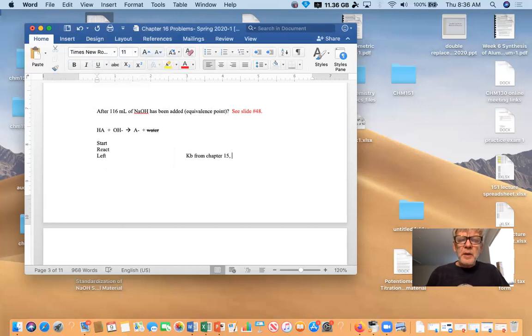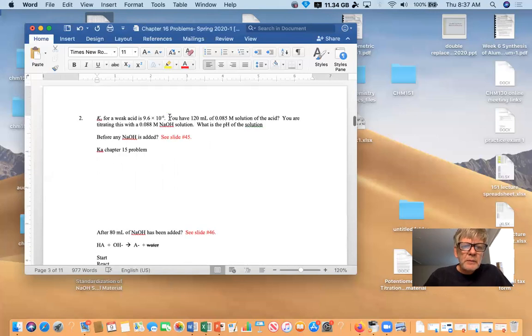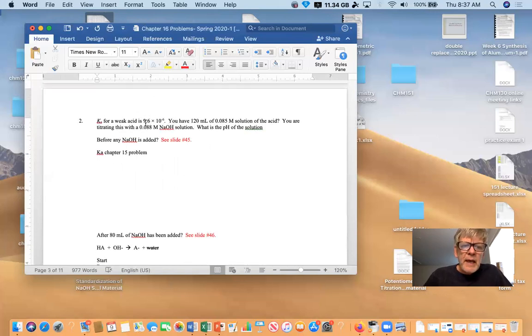Okay. We're going to do a Kb problem. We're going to remember to convert moles to molarity. And then we're probably going to have to use Ka to get Kb, because we're given Ka, we're not given Kb.